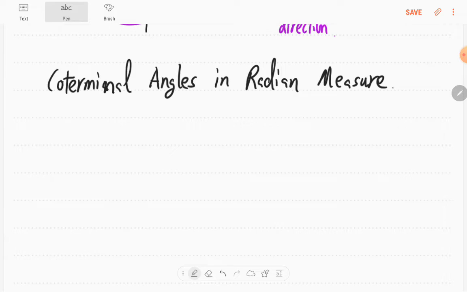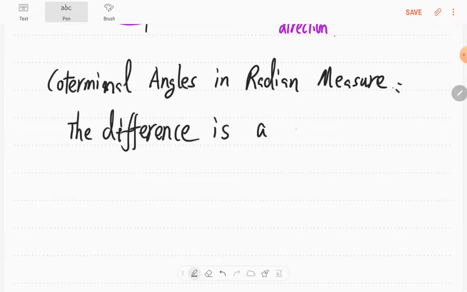So now we can say coterminal angles, the difference is a multiple of 1 revolution. 1 revolution is 2 pi.